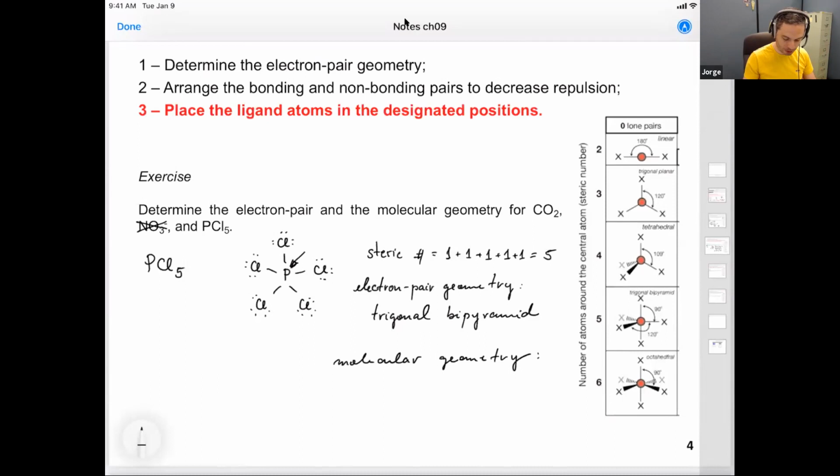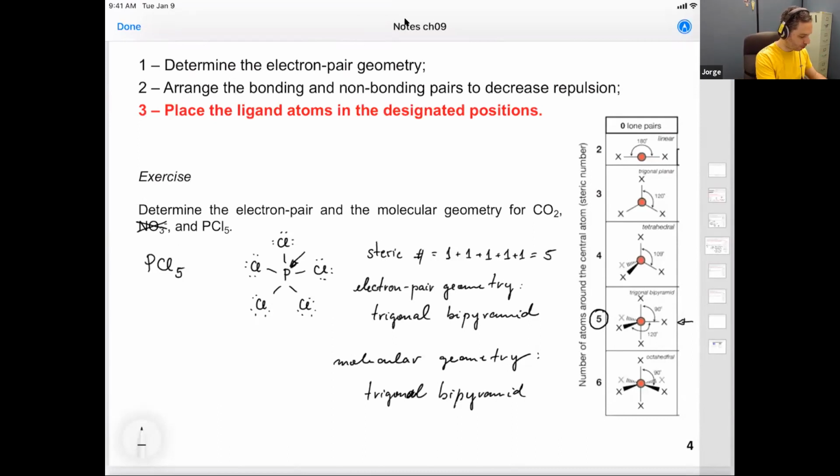For the molecular geometry, you can use that big table that I showed you. In this case, we have steric number 5, no lone pairs around the central atom. Therefore, the molecular geometry in this case is going to be the same as the electron pair geometry, trigonal bipyramid.